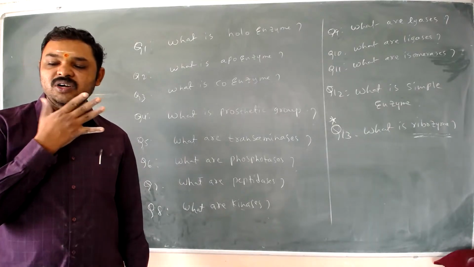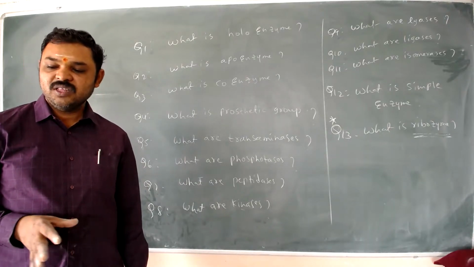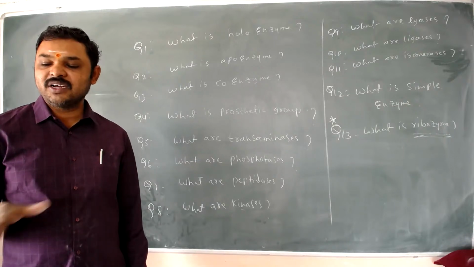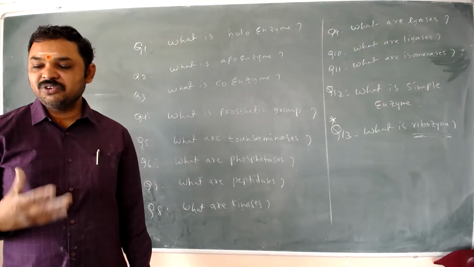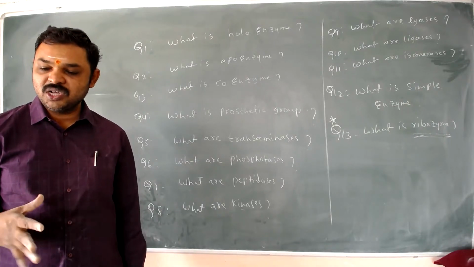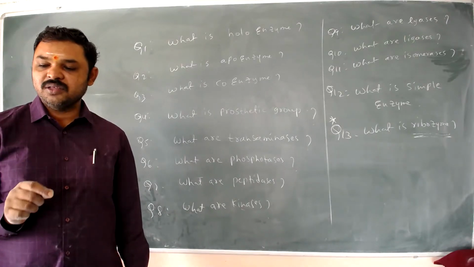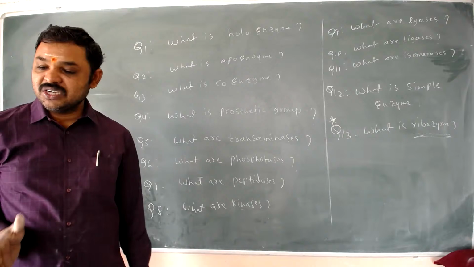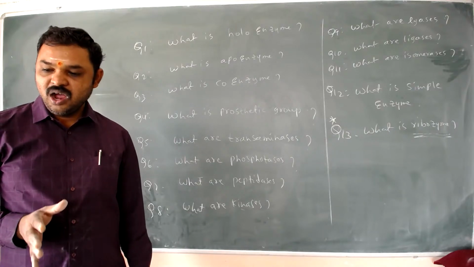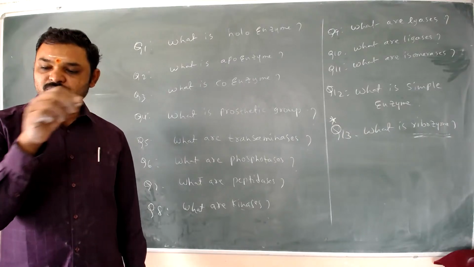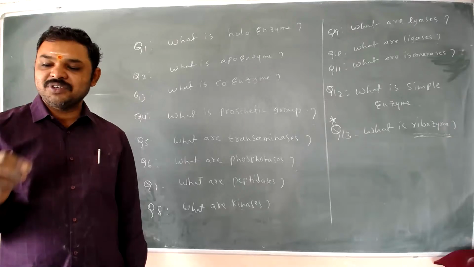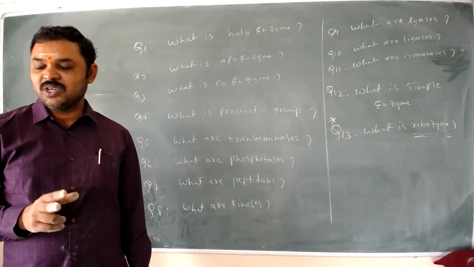Tomorrow we will discuss factors affecting the enzymes: competitive inhibition, non-competitive inhibition, and allosteric modulation. Then there is potential energy and activation energy: without activation energy, how will products be formed, and with activation energy, how will it be.